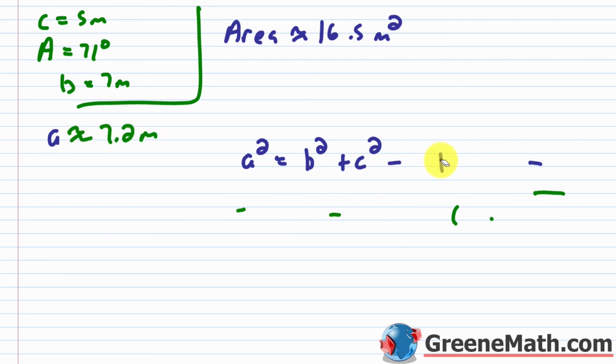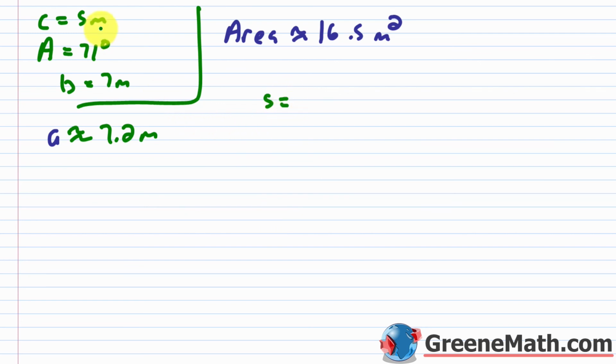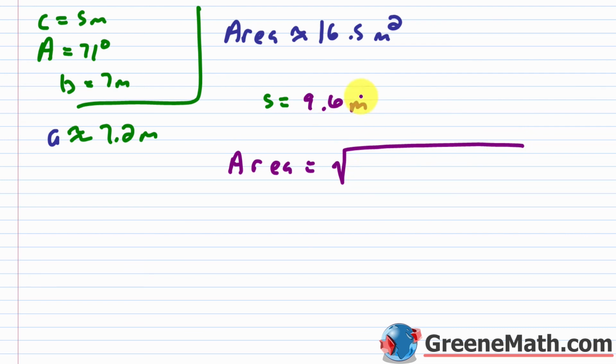So let's get rid of all this, and then let's quickly use our Heron's formula. First and foremost, S is equal to the sum of the sides. So you'd have 5 plus 7 plus 7.2, which is 19.2, divided by 2 is 9.6. And this is going to be in terms of meters, so you can write that. And then with your area formula, your area is equal to the square root of, you take this guy right here. Again, forget the units.